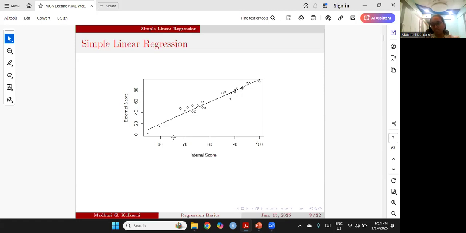So this is the major aim of the regression model. The aim is to be able to predict the values of the response variable using the values of the predictor variables. Using the internal scores, one can predict the external scores if the internal scores lie in this range, that is 50 to 100. The internal score range in the actual data is 50 to 100. For any point in this range, one can predict the external score using the regression model.